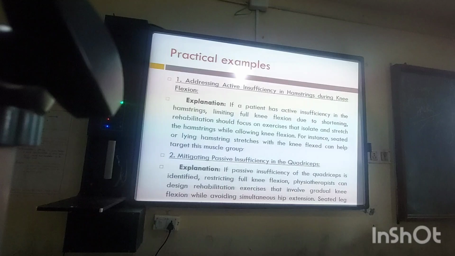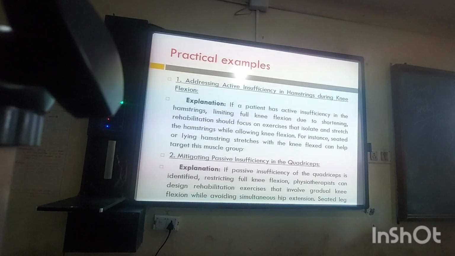Now, if a patient has active insufficiency in hamstring, limiting full knee flexion, hamstring is responsible for what action, please? Tell me. Knee flexion and hip extension. Now read this. We are talking about active insufficiency of hamstring during knee flexion.